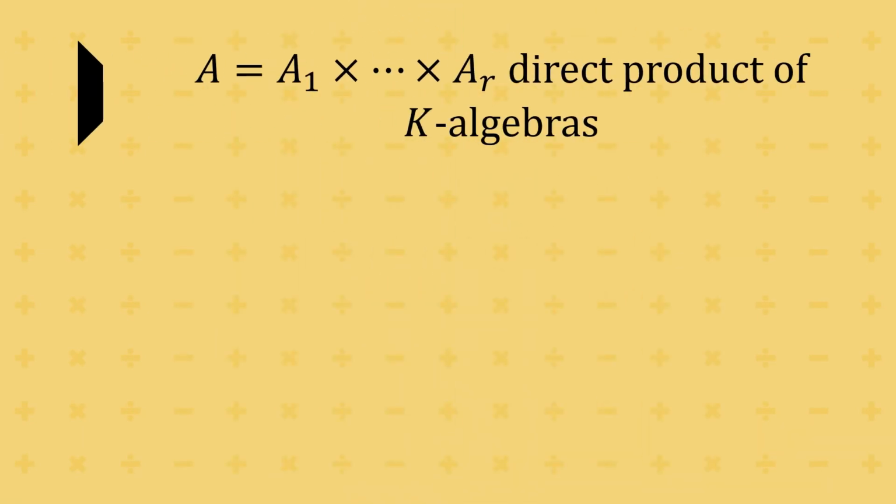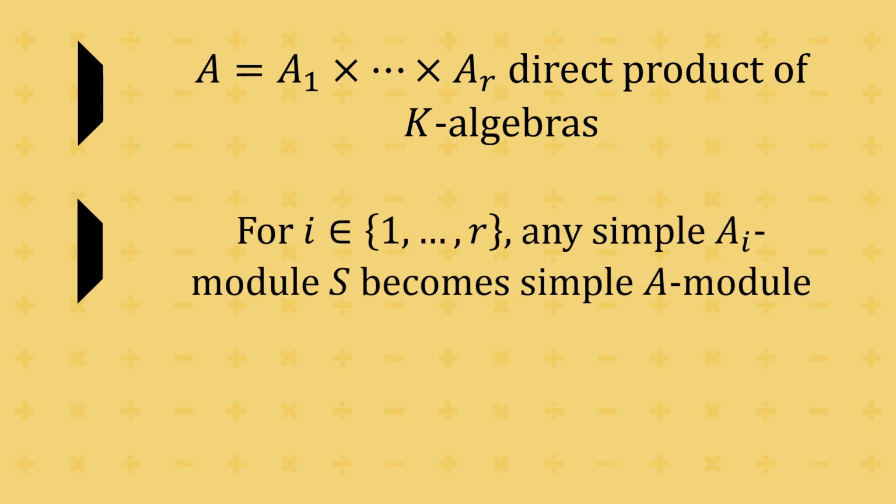Now, let's move on to discussing simple modules with the direct product of algebras. First, let A equal A_1 times all the way up to A_r be the direct product of K algebras.